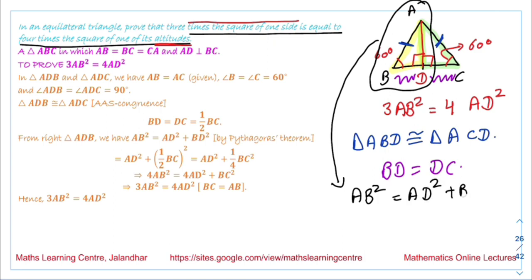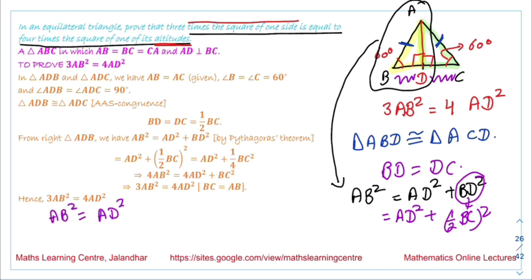square plus BD square. Now in place of BD we are writing 1 by 2 times BC. So we get that AB square is equal to AD square plus 1 by 4 times BC square. Now BC, this whole length, and the length AB are equal.